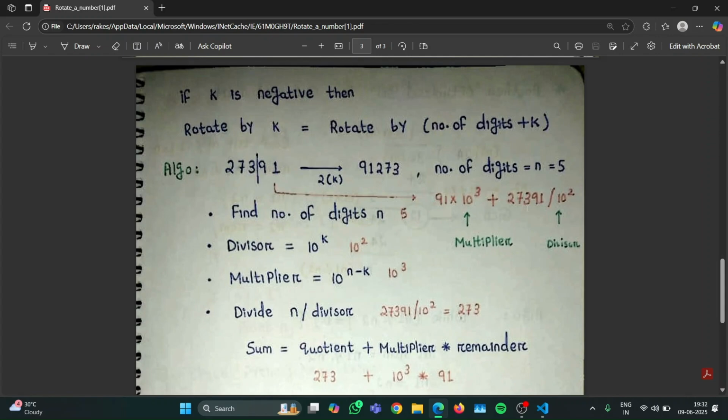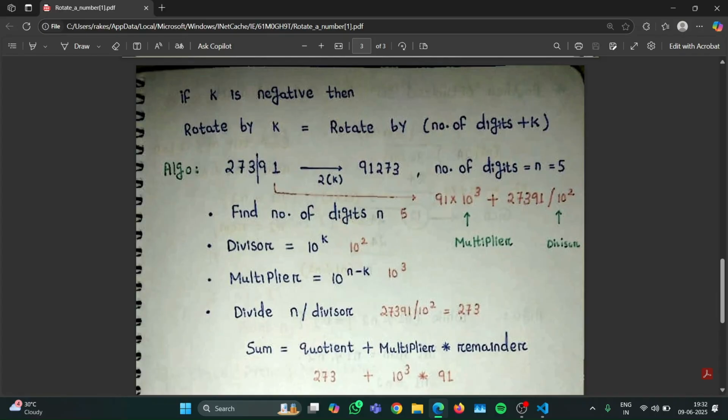We can do it by dividing the number with a divisor. So our divisor is nothing but 10 to the power k. K is nothing but our number of rotations. So the number of rotations is 2. So when we divide the number as a whole number division by 10 to the power 2, we get 273, which is nothing but our number that is to be sent back.